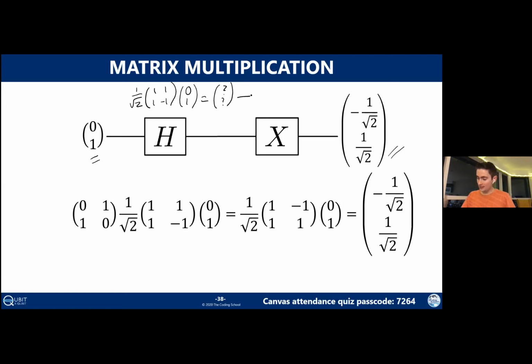And then to pass it through the X gate, you would do the X matrix times whatever you just got. And then that would equal this result. But the faster way of doing it is to just take your starting state, 0, 1, and multiply it by the matrix we just found, times 0, 1, and you would get the same answer.